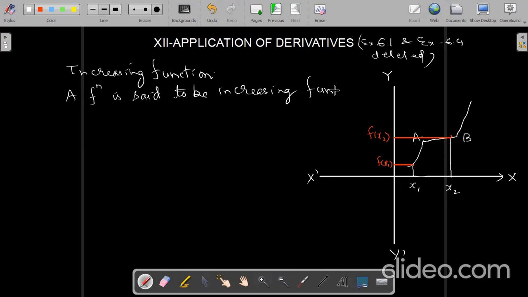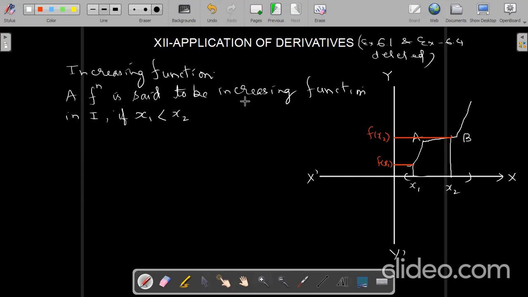So a function is said to be increasing in an interval I, some interval, if we take some points on the x-axis in that interval. Suppose we are considering this interval I, okay. So in this one we will take 2 points, so that x1 is less than x2.